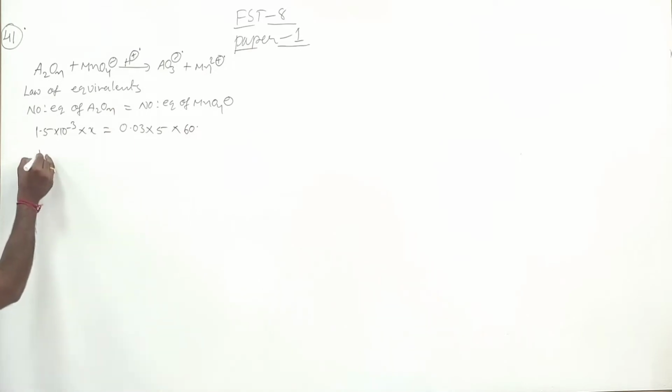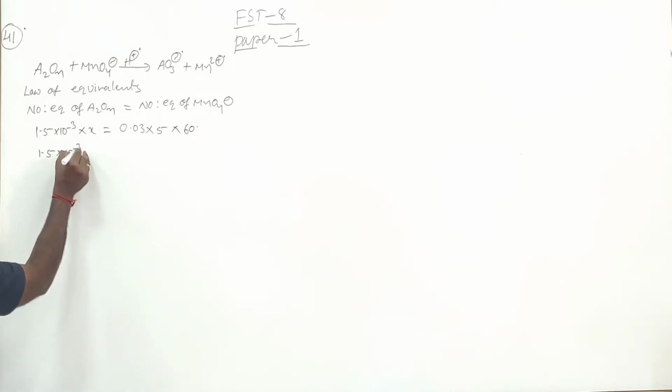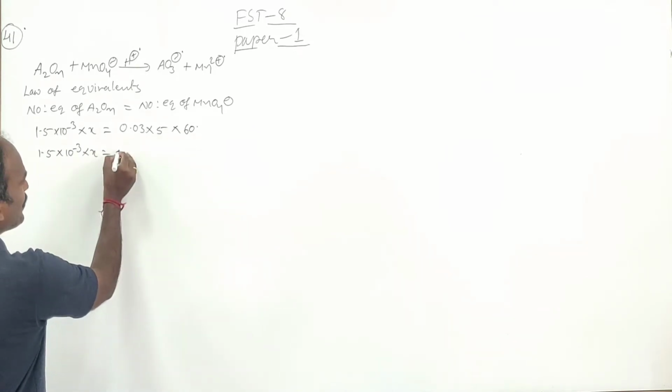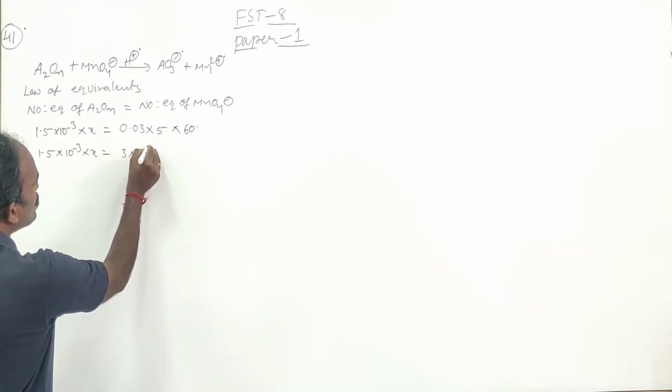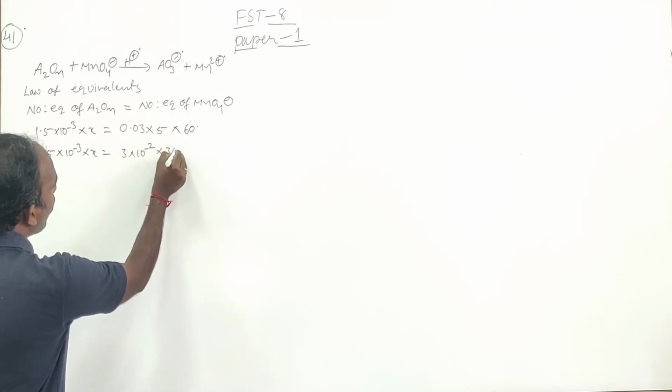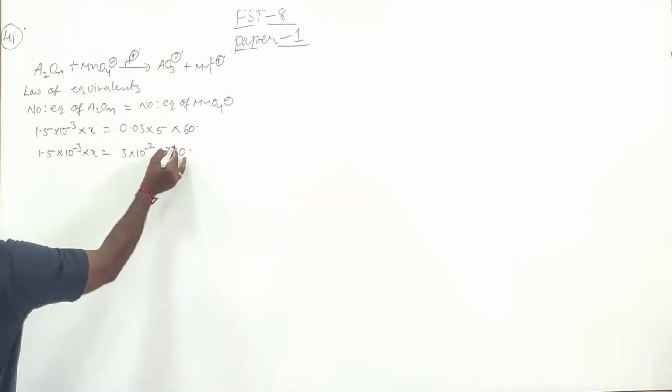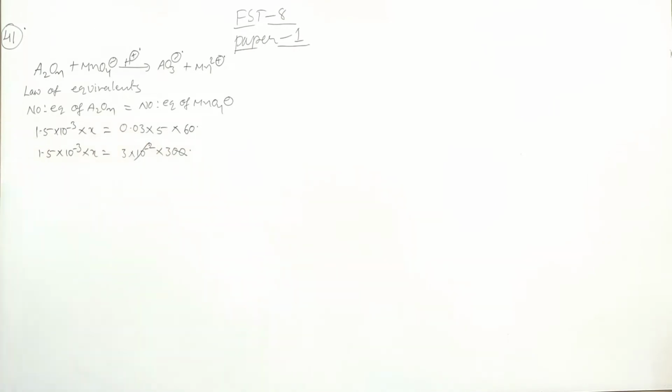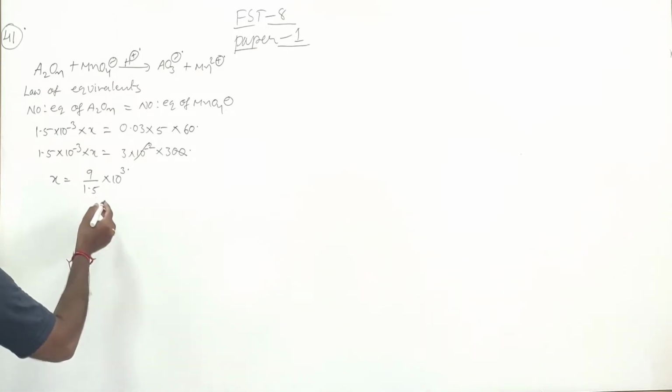Now it is going to be 1.5 into 10 power minus 3 into X, which is equal to 3 into 10 power minus 2 into 300. This one gets cancelled. Now it is going to be 9. Now the X factor X is equal to 9 divided by 1.5 into 10 cube. What is the value of this?